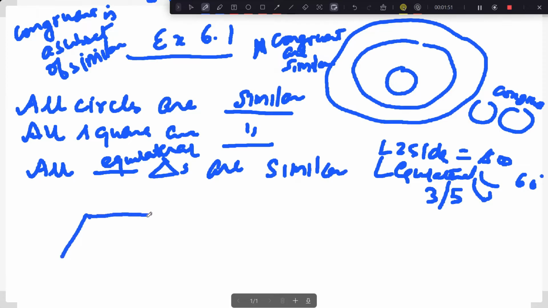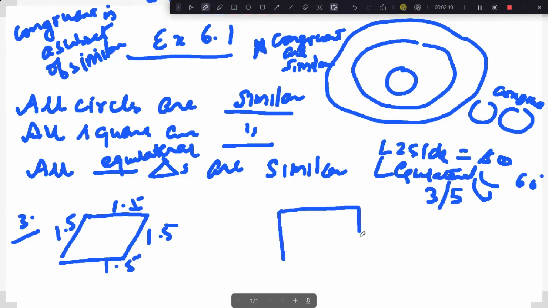Now we have another question. This is question number 3, right? So here it says that the sides are all 1.5. Okay, and now we have a square where the sides are all 3.